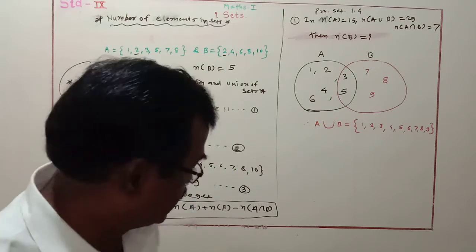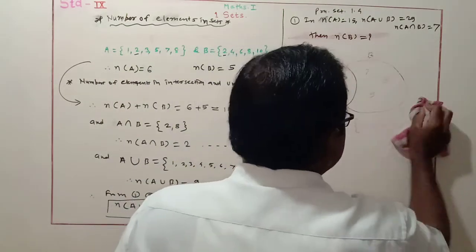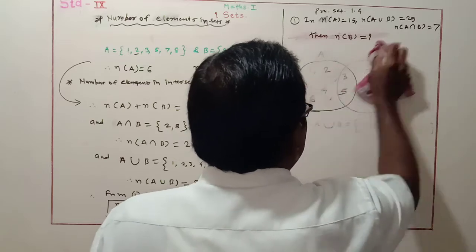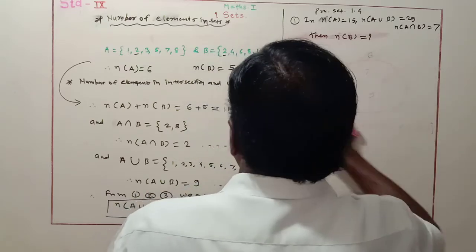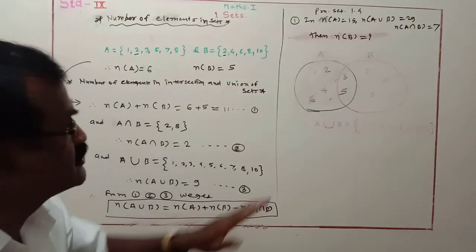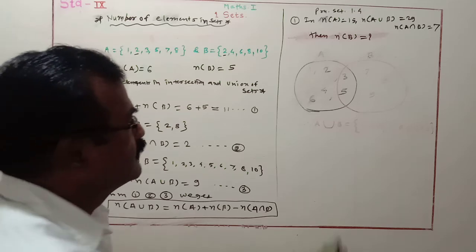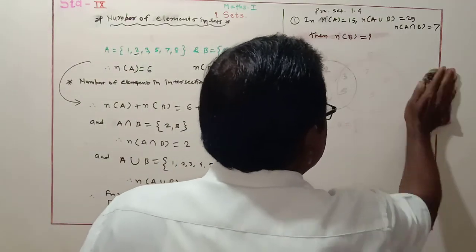For this example, we use this formula. In this formula, there is a relation between the number of elements in intersection and union of these two sets. First, we write the formula.